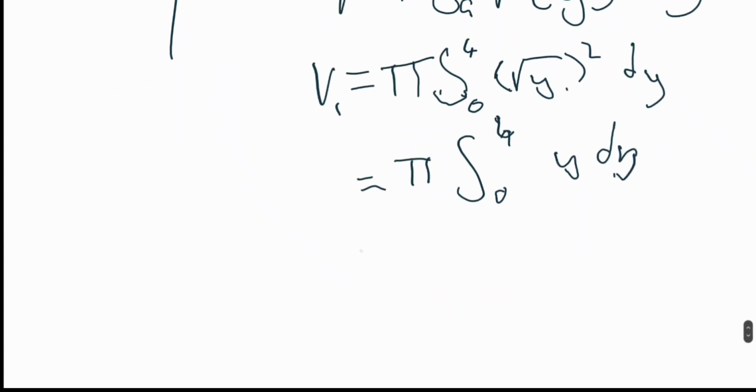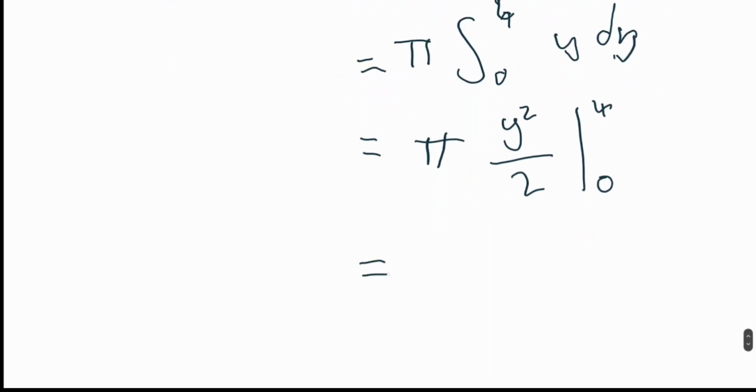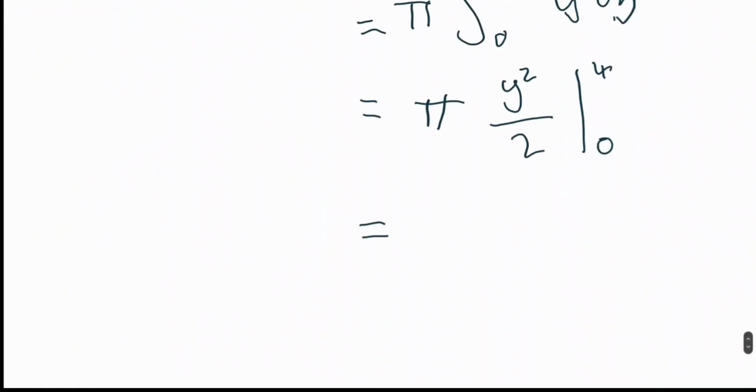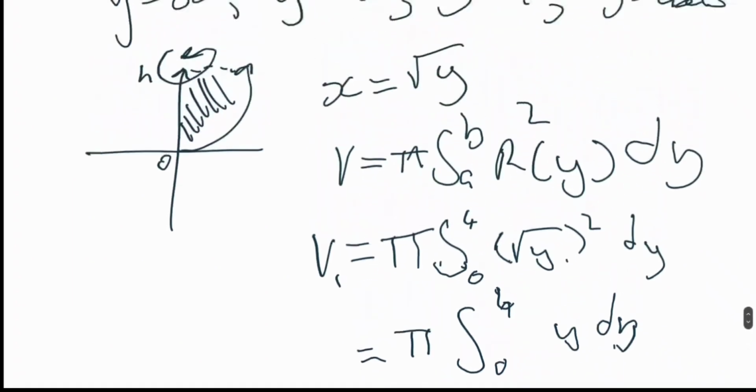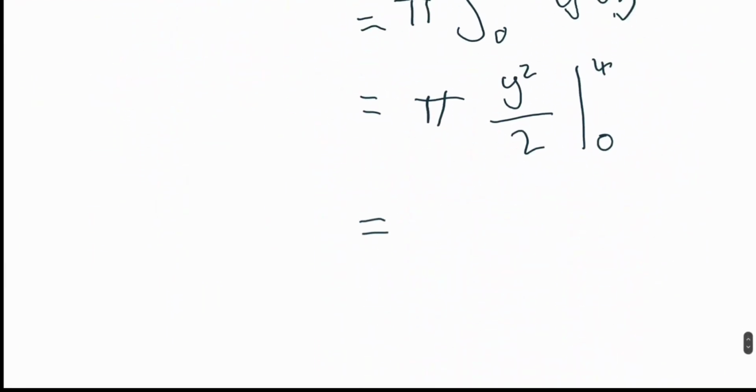Okay, so now the integral of y is going to be y squared over 2, plugged in from 0 to 4. Alright, so pretty straightforward. And then we are going to plug in 4. We can disregard the 0 in this case, as it will just cause that term to equal 0. Okay? So let's do that.